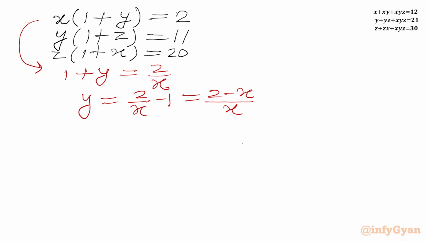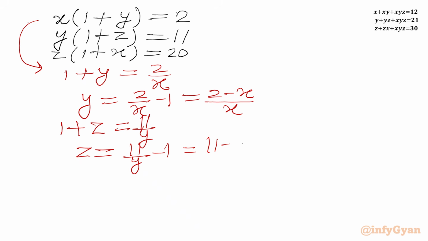Now from the second equation, I will write y times 1 plus z will be equal to 11, or I can write z will be equal to 11 over y minus 1. So from here, 11 minus y over y. Now y in terms of x is here. We'll put 2 minus x over x.